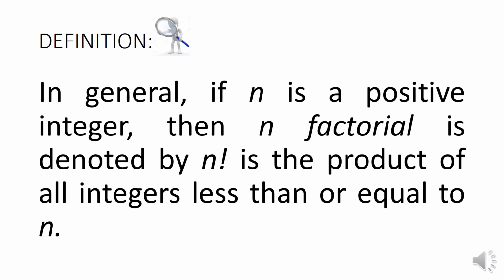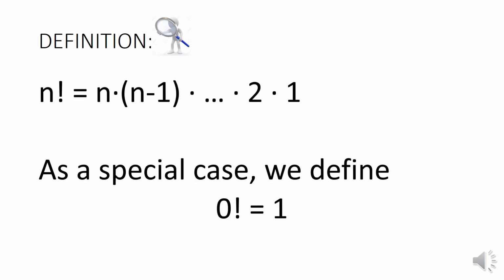In general, if n is a positive integer, then n factorial, denoted by n and then an exclamation point, is the product of all integers less than or equal to n. So that is n factorial equals n times the quantity n minus 1, times and so on up to 2 times 1.